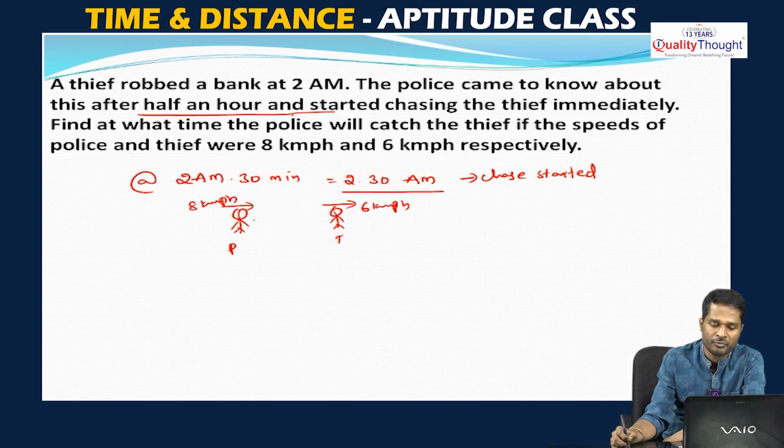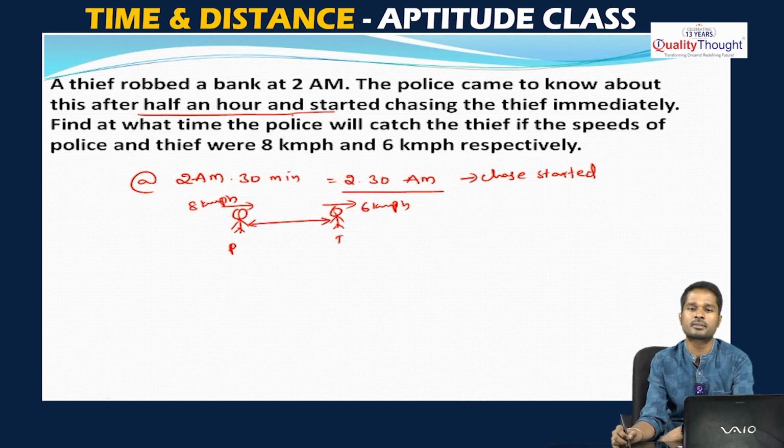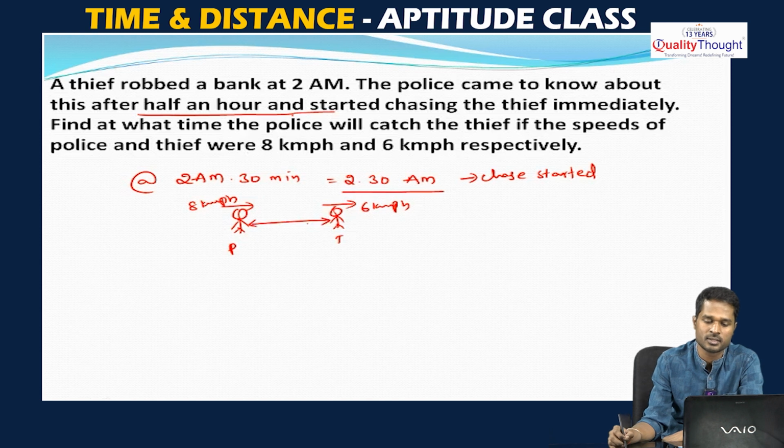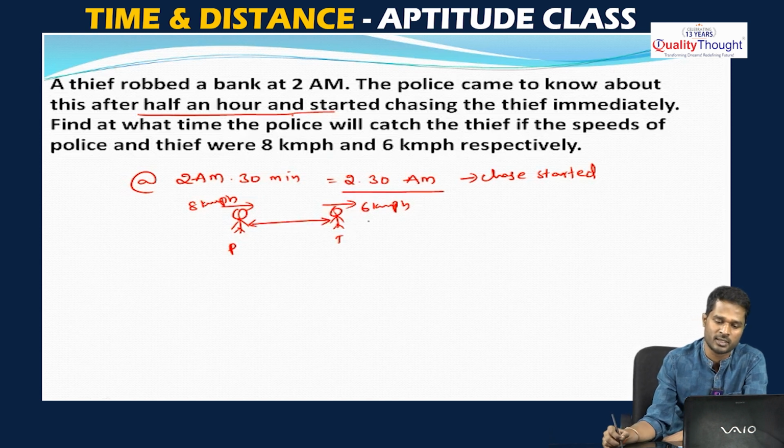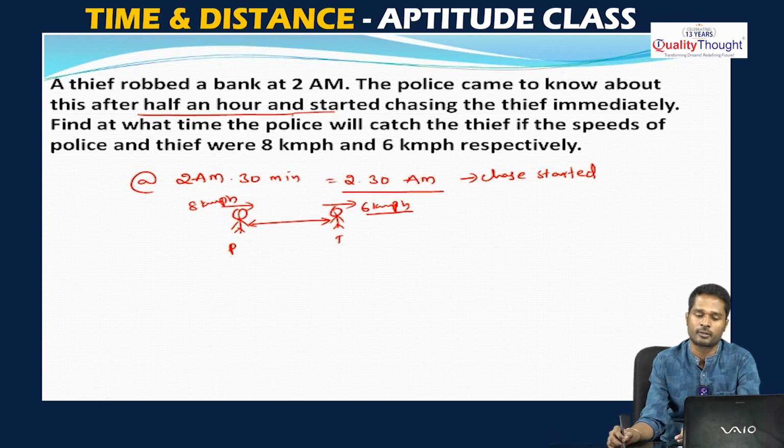Now, before that, let's see when the chase started, what is the distance between the police and the thief? See here, the thief will go 6 kilometers every 1 hour, and the chase started after half an hour.